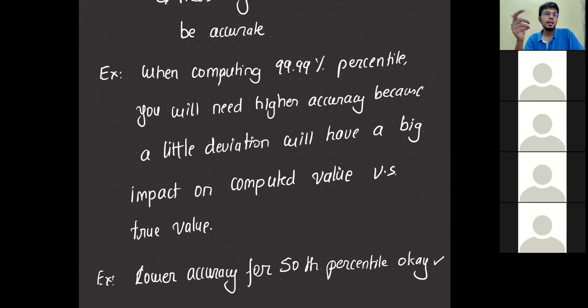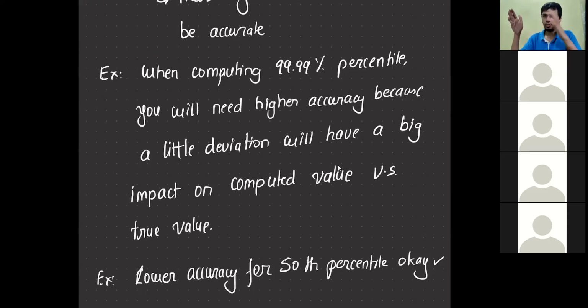For example, let's say you have 10,000 points, out of which the first 9,999 points have values from, let's say, 1 to 10. But that one point, its response time went up to 2,000.